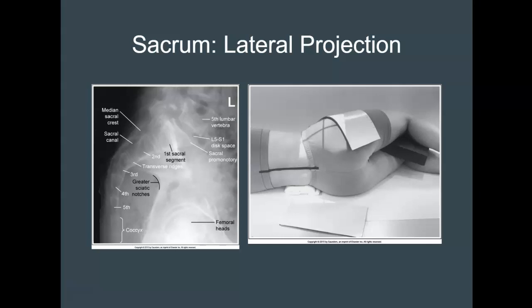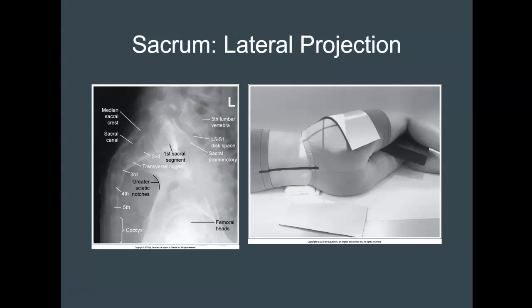However, to provide an adequately lateral projection, we still have to ensure that the patient's body position and their vertebral column are parallel with the IR. And how do we do that? We ensure that the interiliac line is perpendicular to the IR.